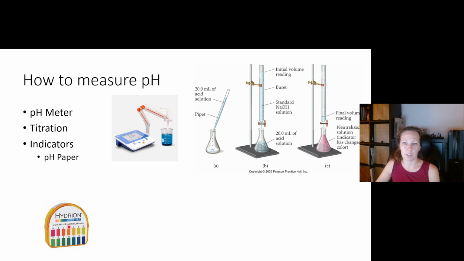The paper itself is kind of an orange color, and you dip it into the solution, and it changes color, and then you hold it up to this color key here and have a good estimate of what the pH is.